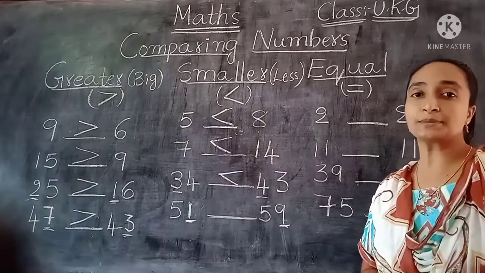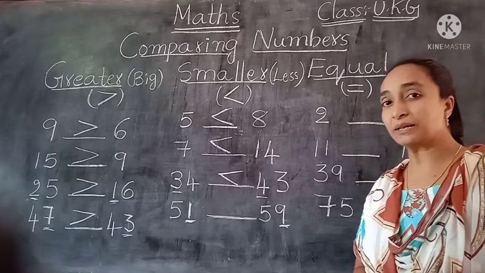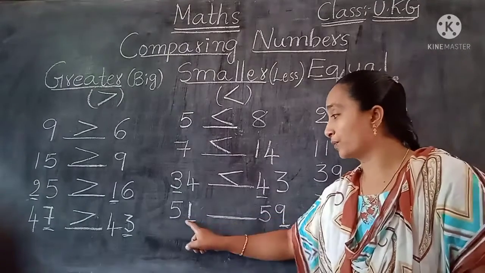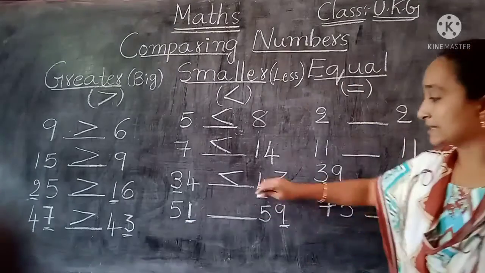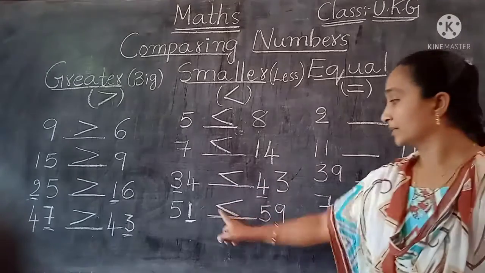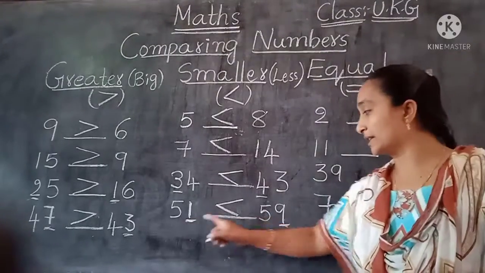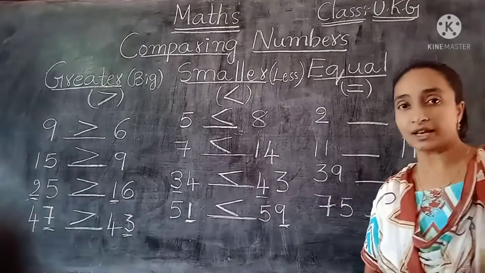So which is the less number? Yes, 1 is the smaller one. Now how could we keep the symbol? 51 is less than 59.